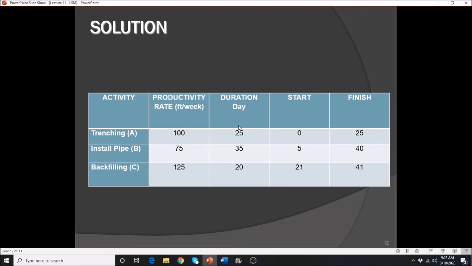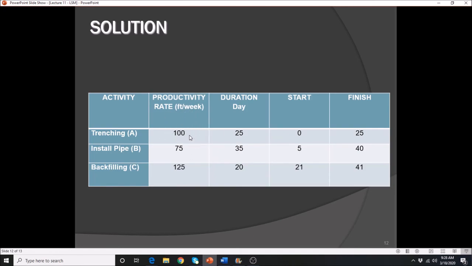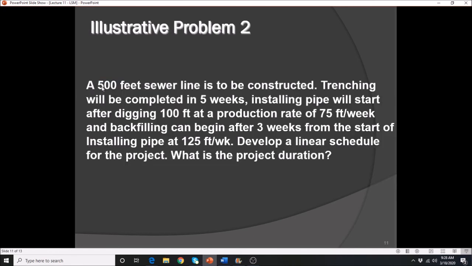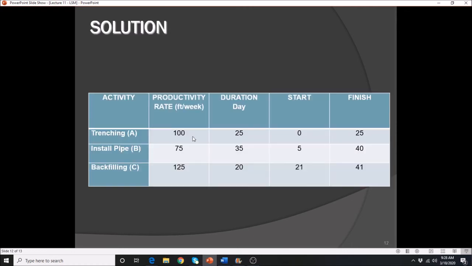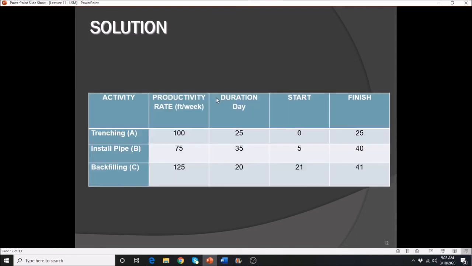Alright, so how do we get at least 25 here? First, we need to calculate the duration of activity A because it's not given. So it gives you here the quantity and the completion time. 500 feet divided by 5 weeks, that will give you 100 feet per week.